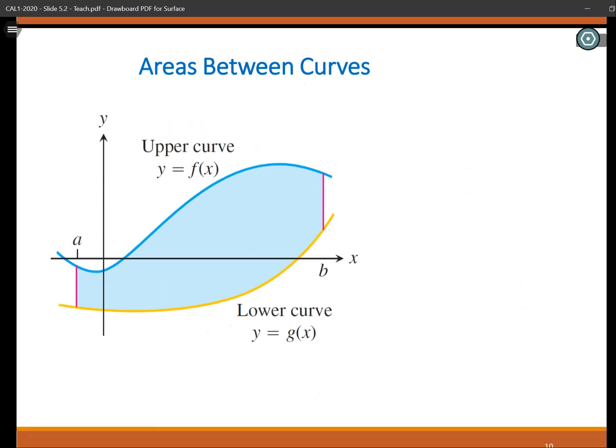Before I move to the examples, let me talk a little bit about this graph.